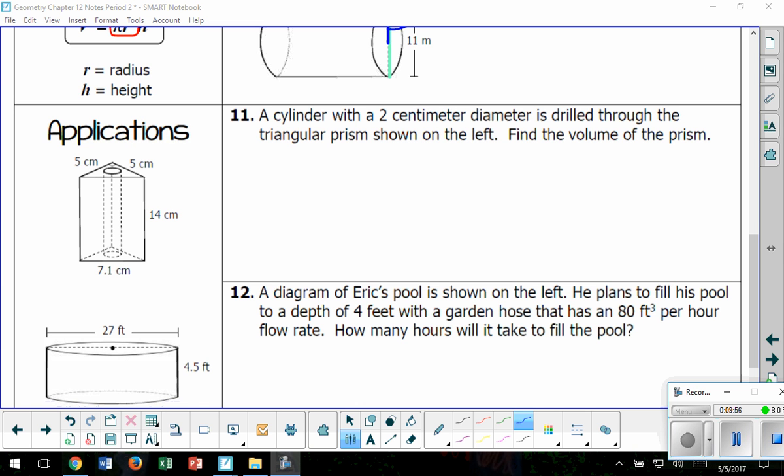What it looks like is this triangular prism. And you see how there's a hole in the center?